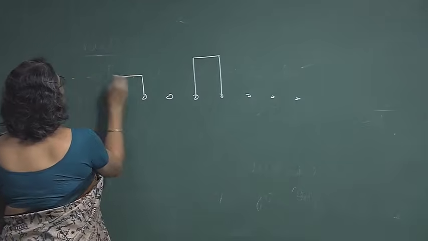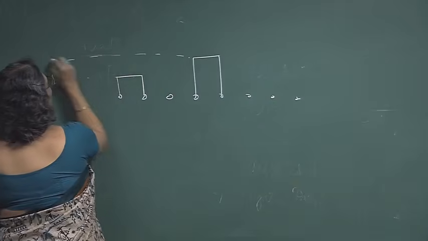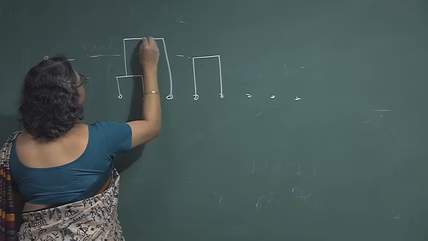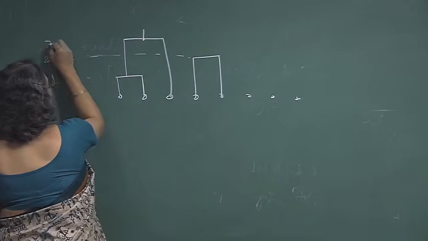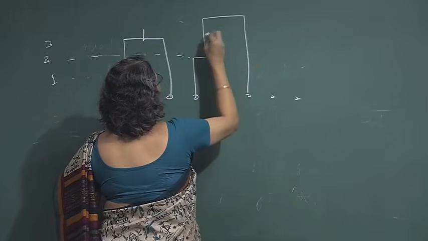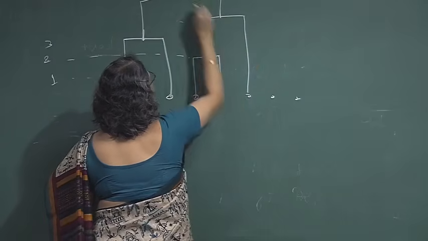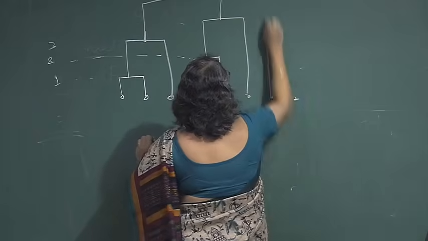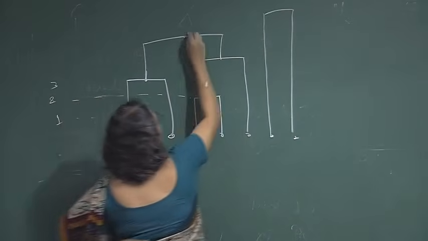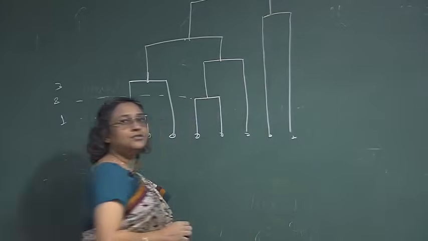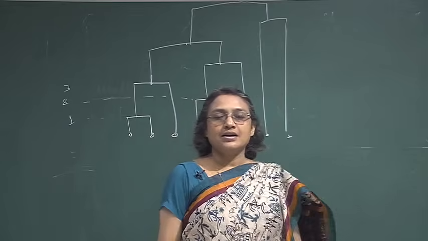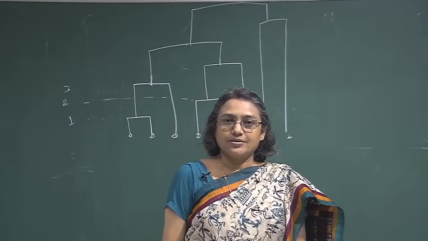So, this is step 1, this is step 2, and then step 3, the next most similar objects are merged. Step 4, the next most similar objects are merged. In step 5, the next most similar objects are merged. Then in step 7, the next most similar objects are merged. So, this structure gives rise to a tree which we call dendrogram.